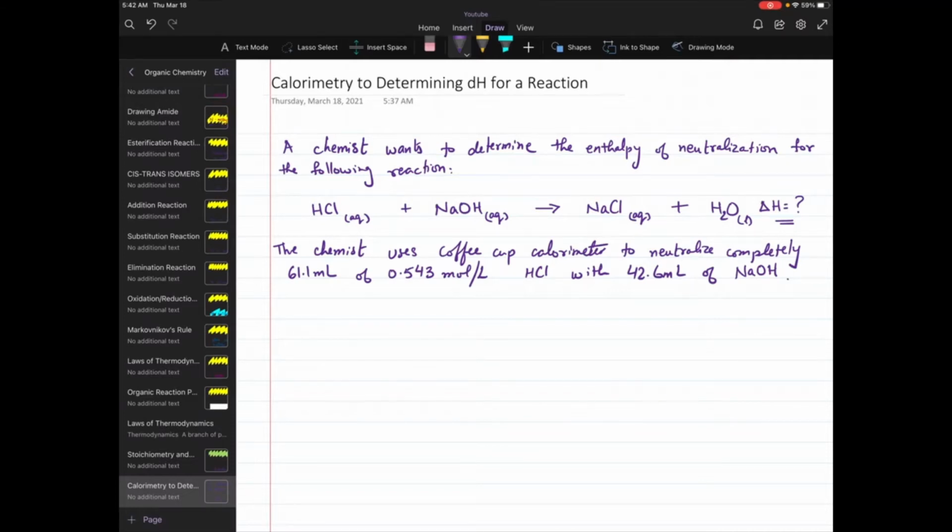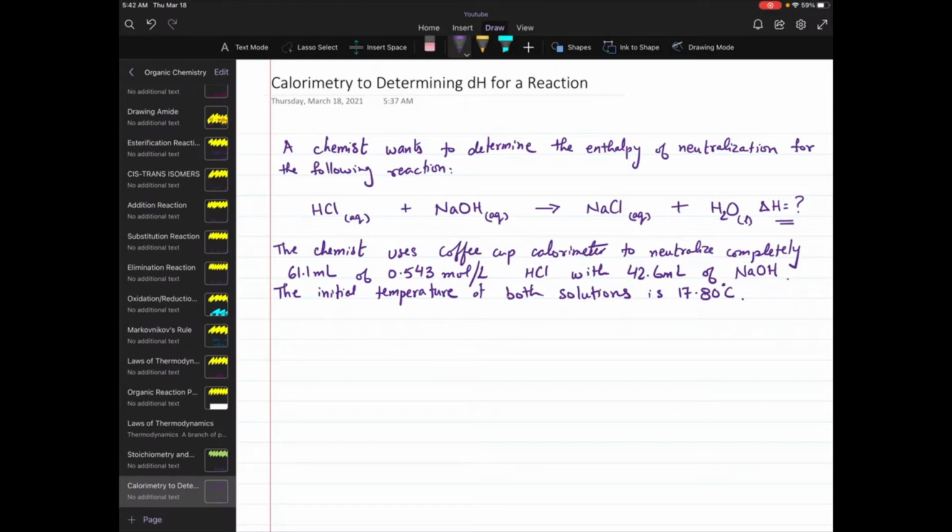The initial temperature of both solutions is 17.80 degrees Celsius, which is the starting temperature of both solutions.